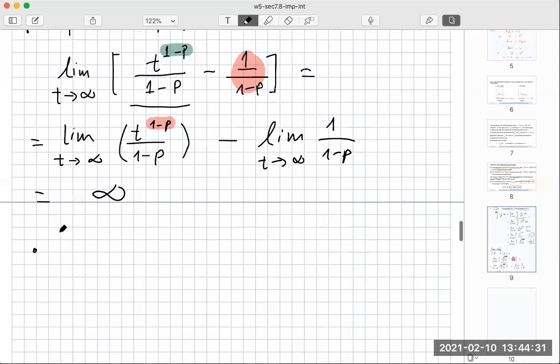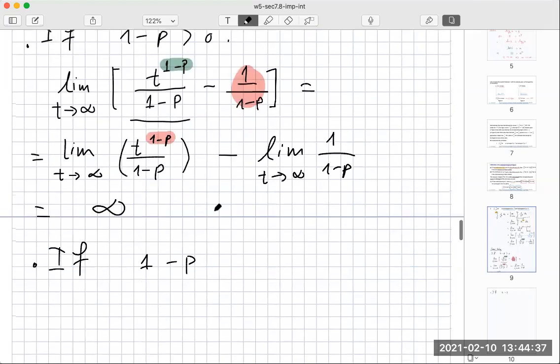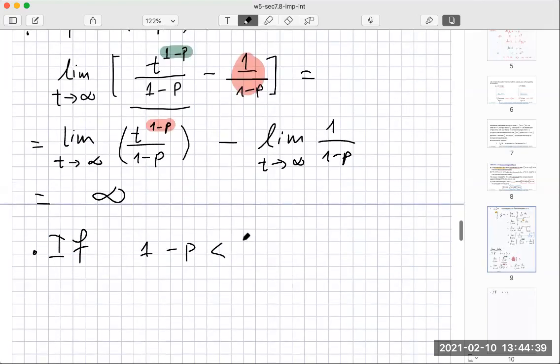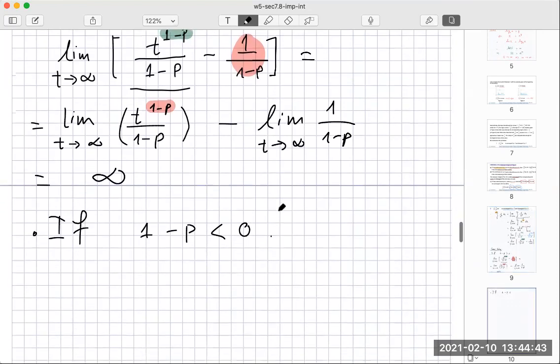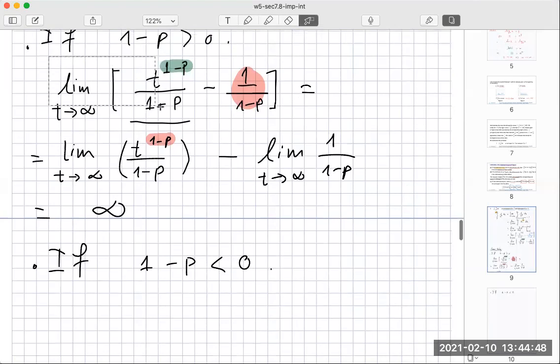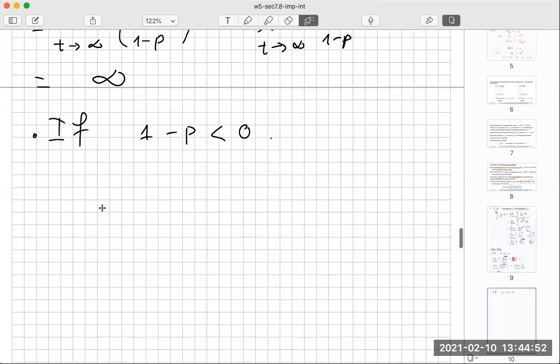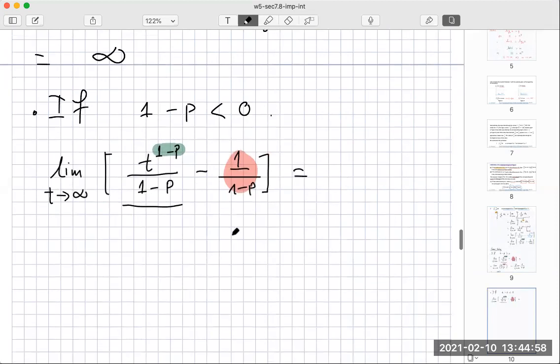How about if 1 minus p here is smaller than 0? What do we have when it is smaller than 0?